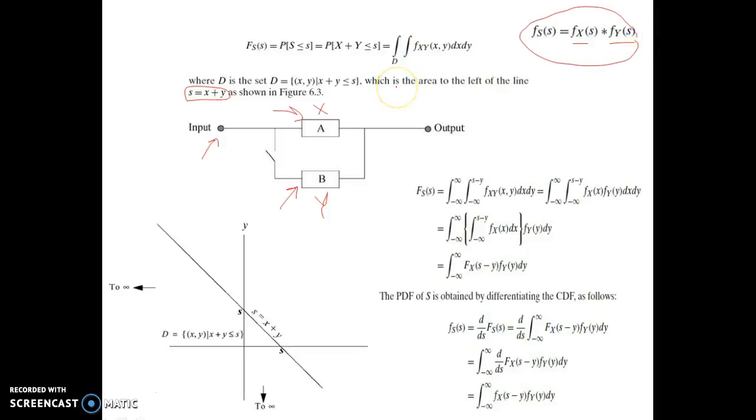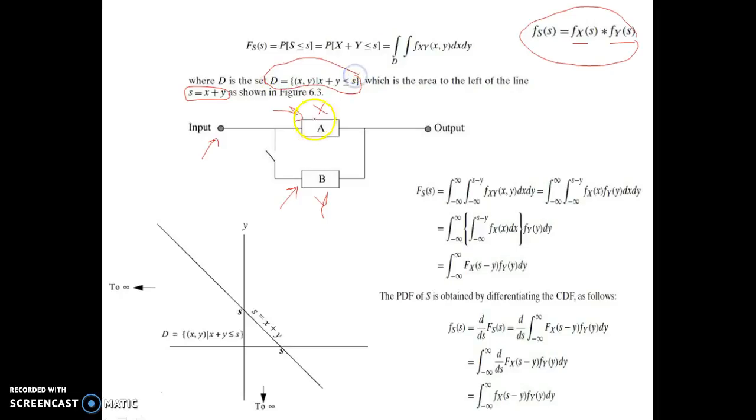So, we'll first go for the CDF, the usual derivation: F_S(s) is the probability that S is less than or equal to s, and S equals X plus Y, so the probability of X plus Y less than or equal to s. We'll have to do a double integration over this region.